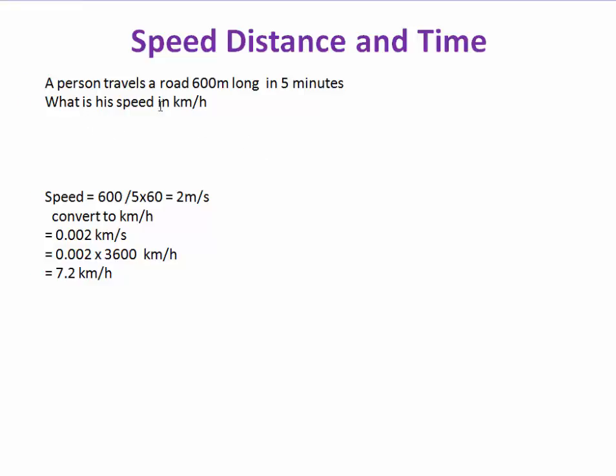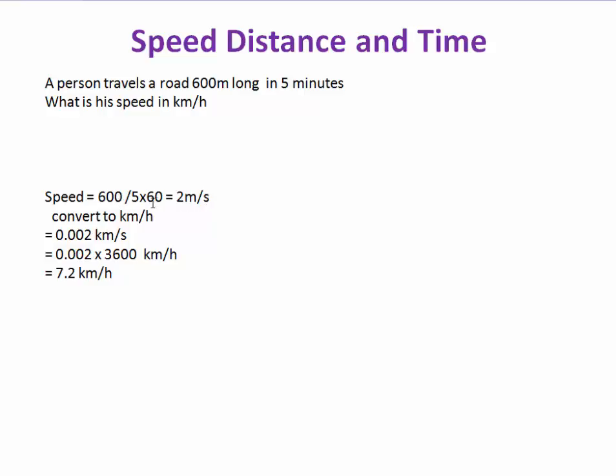So a person travels a road 600 meters long in 5 minutes. What's his speed in kilometers per hour? So here we've got 600 meters and we've got 5 minutes, so we want that in seconds, so that's 5 times 60. So 600 divided by 5 times 60, we get our answer as 2 meters per second.